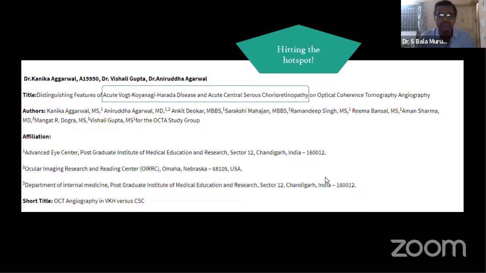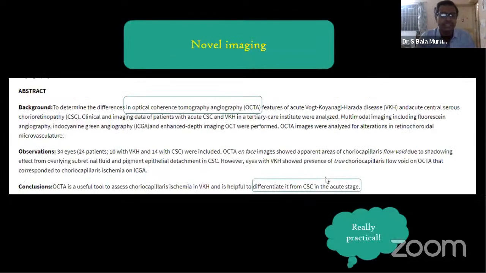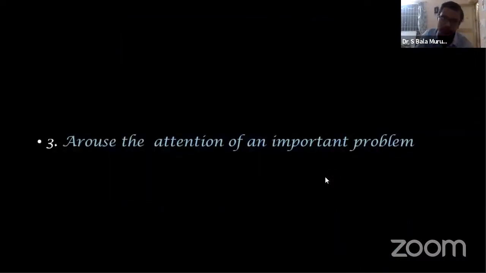We are tackling the felt need of the audience, and they meaningfully concluded that OCTA has certain signs which help in differentiating the flow void areas, the capillaries, and the choroidal ischemia. And this differentiates CSC in the acute stage. So it's really practical; although there is a novel modality here, it really hits a hotspot.